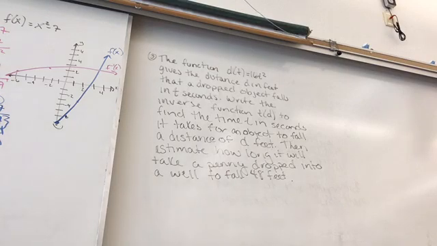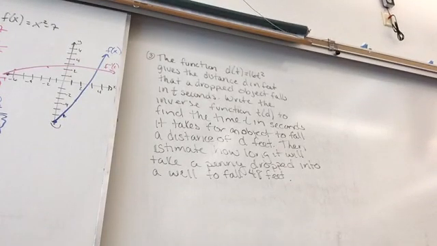And we have the function d of t equals 16t squared gives a distance, d in feet, an object falls in t seconds. Write the inverse function to find the time t in seconds it takes for an object to fall the distance of d feet. So we're finding the inverse.